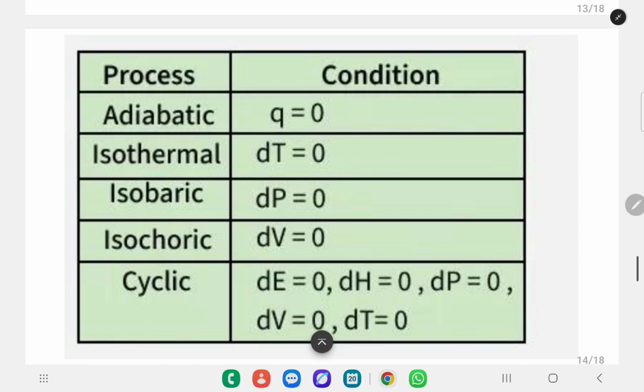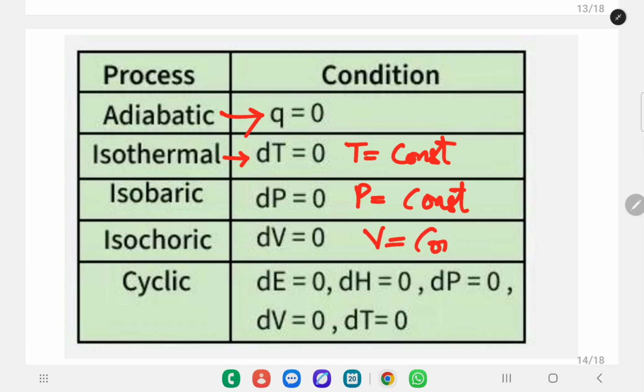You can also see the table here. Adiabatic means Q is equal to 0. Isothermal means dT is equal to 0 because temperature is constant. Isobaric, pressure is constant, so dP is equal to 0. Isochoric, volume is constant, so dV is equal to 0. dT means change in temperature, dP means change in pressure, dV means change in volume.